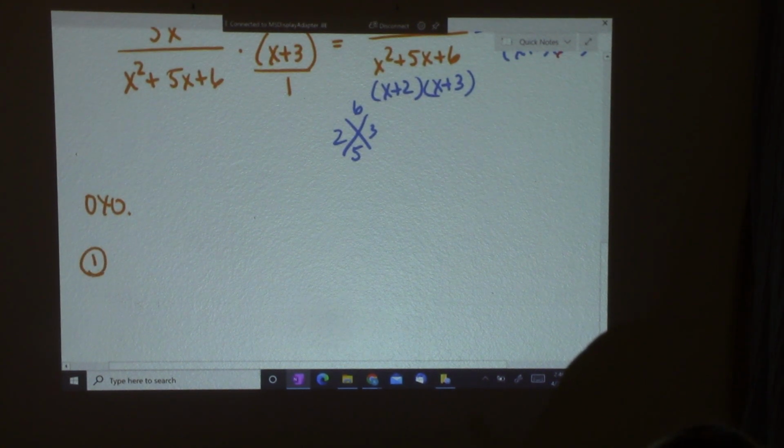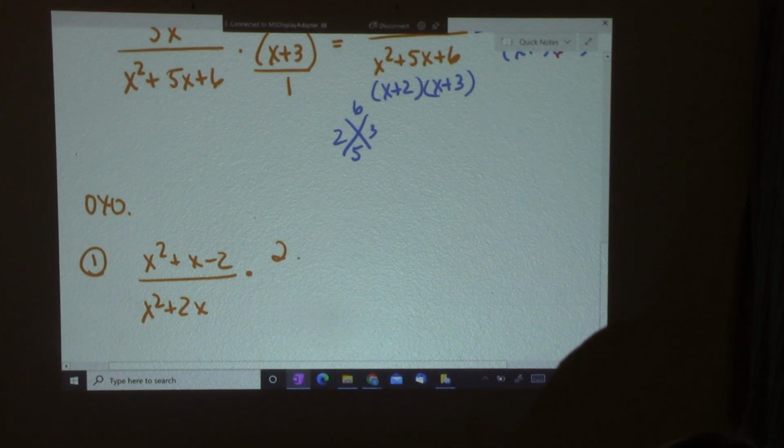So number 1, x squared plus x minus 2 over x squared plus 2x times 2x squared plus 2x over 5x squared minus 15x plus 10.